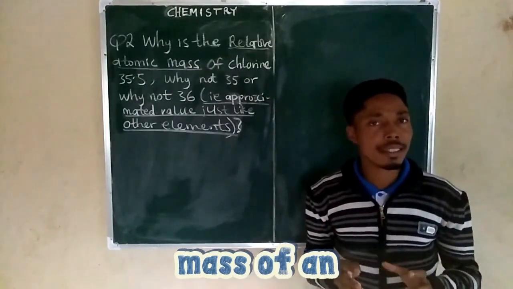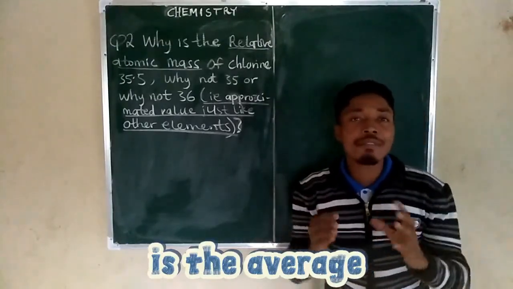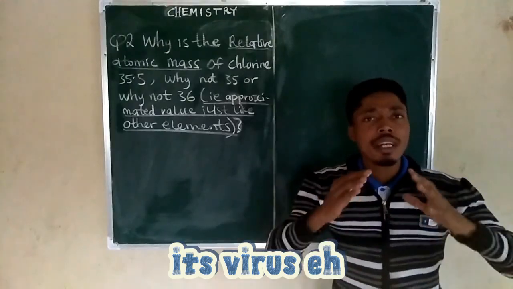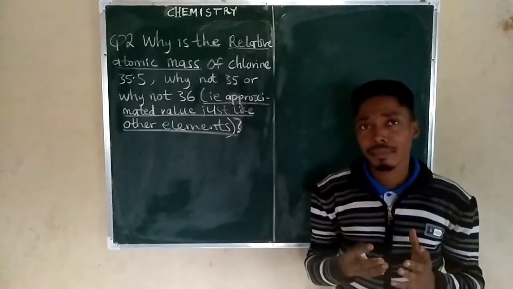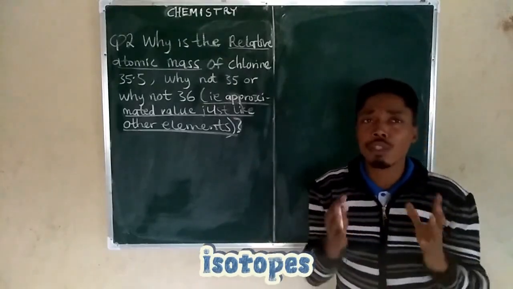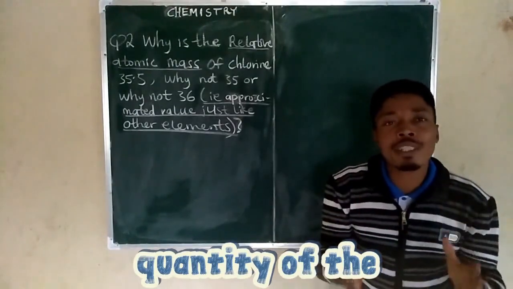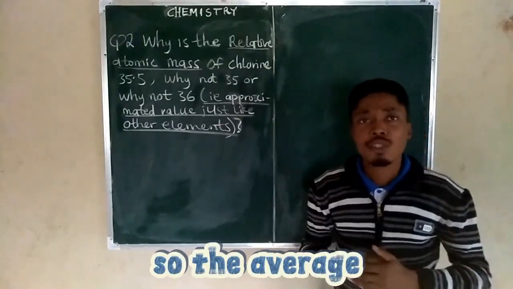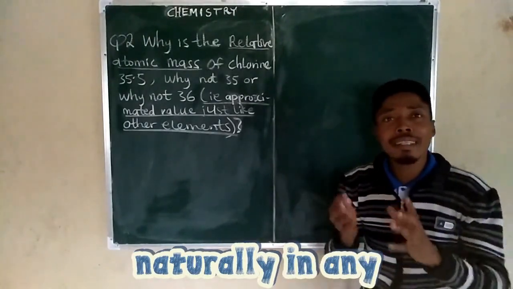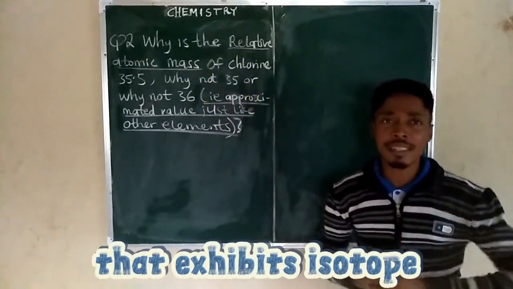The relative atomic mass of an element which exhibits isotopy is the average percentage composition of the masses of its various isotopes as they occur naturally in any quantity of the element. That is what we mean by the relative atomic mass of an atom that exhibits isotopy.